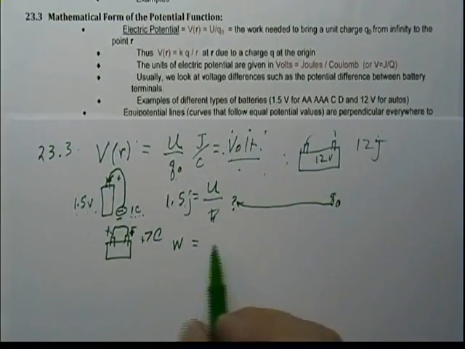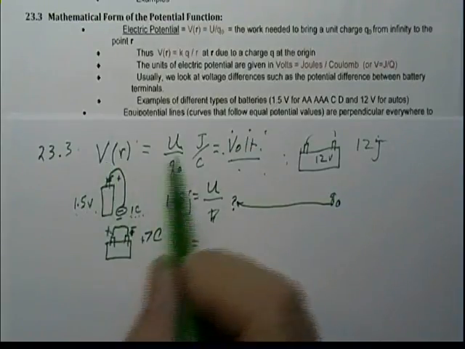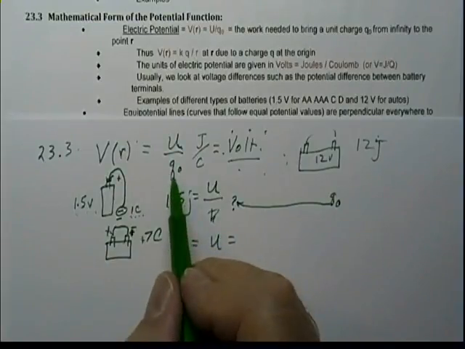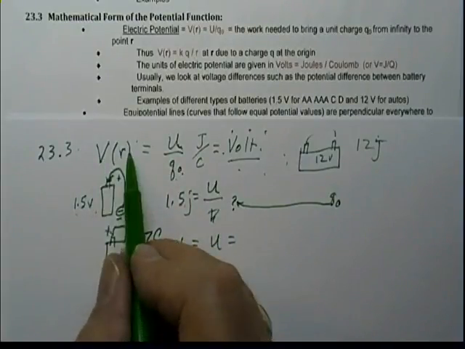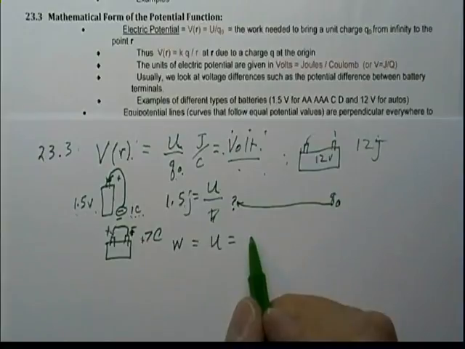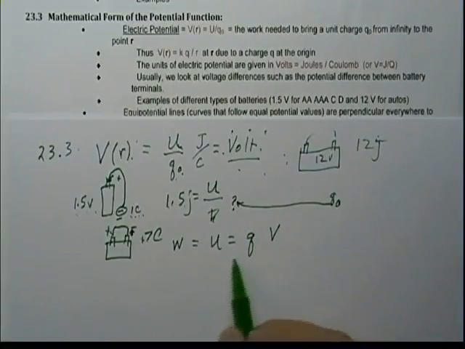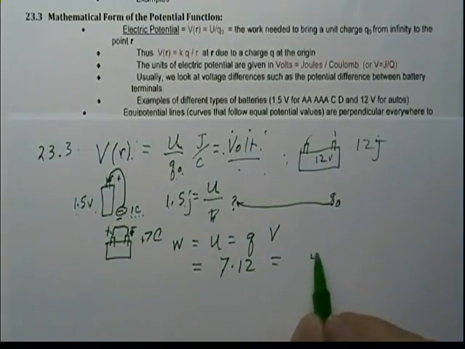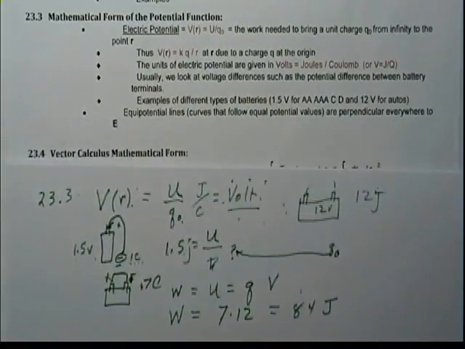Well, the answer is, we know that the work that we're going to do, U, is going to be the charge that I move times the potential, or the voltage that I have. So it's going to be Q times the voltage. And so that's going to be equal to our 7 coulombs times the potential difference, or the voltage, which is 12. So it'll be 7 times 12, 84 joules. And that's the work I would have to do to move the 7 coulombs of charge.